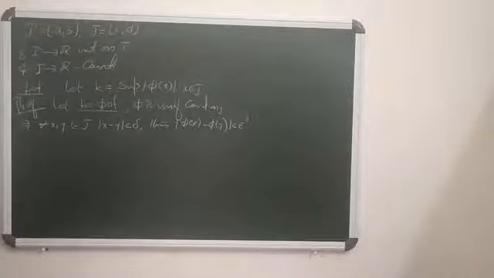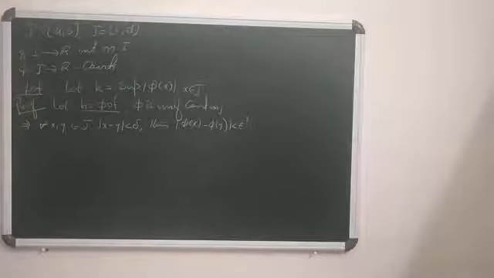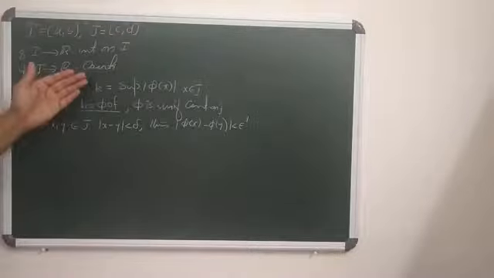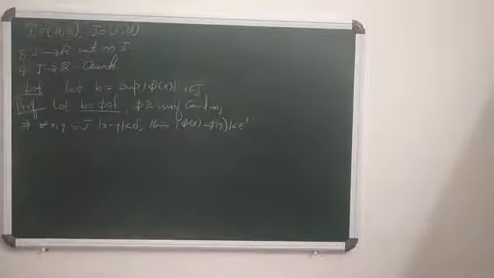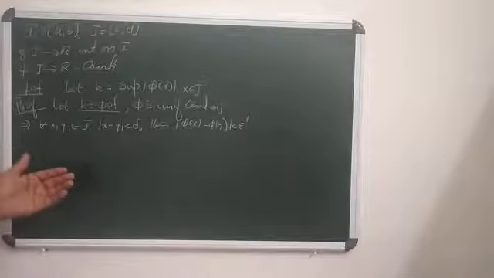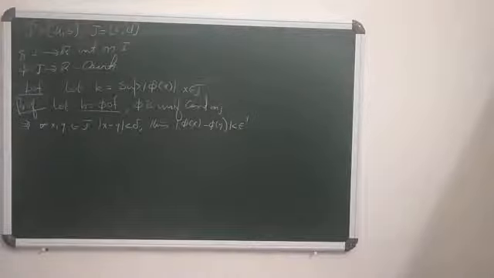So since phi is uniformly continuous, by the definition of uniform continuity, if modulus of x minus y is less than delta, then modulus of phi of x minus phi of y is strictly less than some epsilon dash. Now since f is integrable on I, what is delta? Delta is a sufficiently small positive quantity. Surely delta square is also positive.